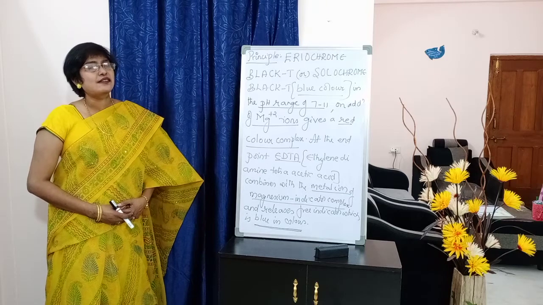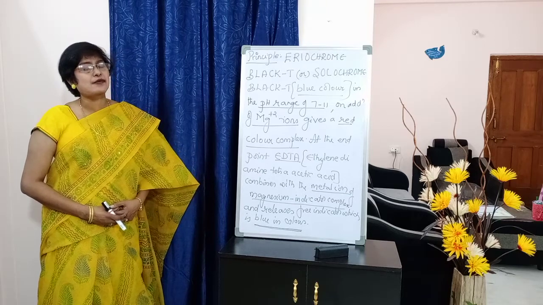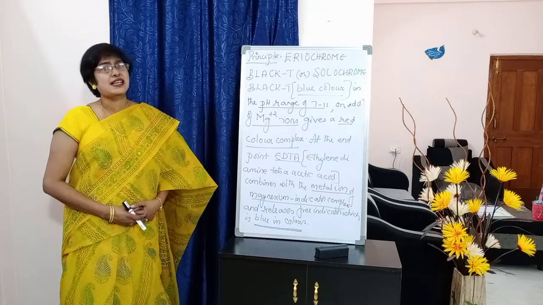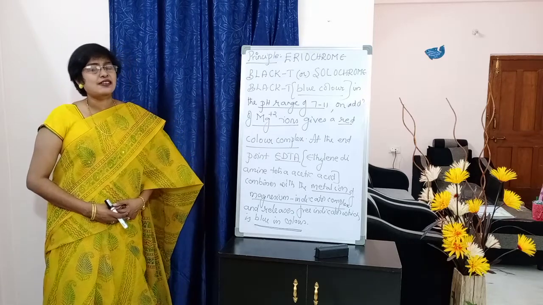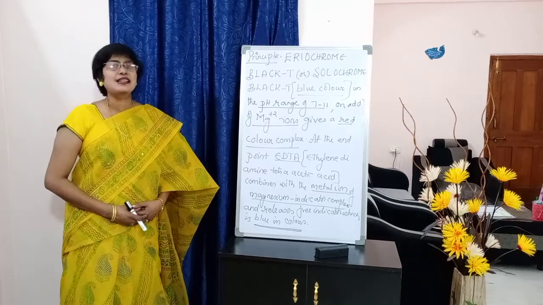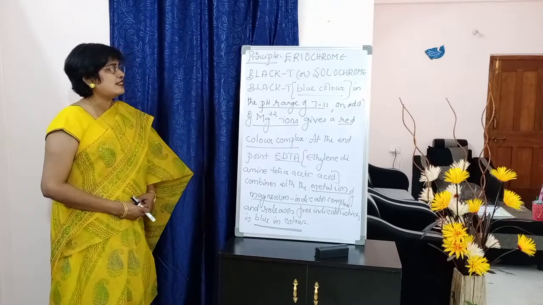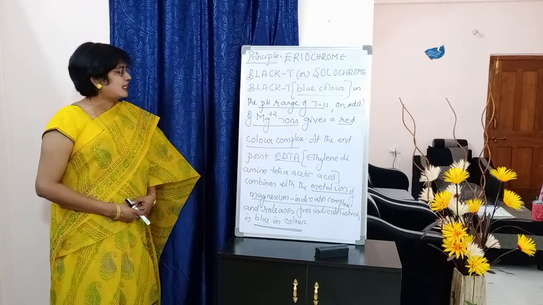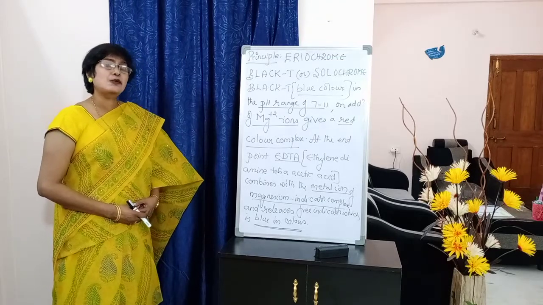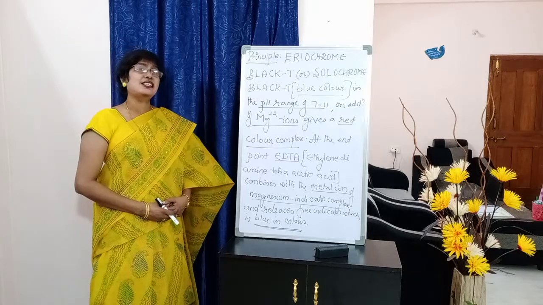While we are doing the experiment in the lab, we'll find it as a light red. We almost call it as pink in color. Actually it is said that it gives a red colored complex, which is nothing but magnesium indicator complex.